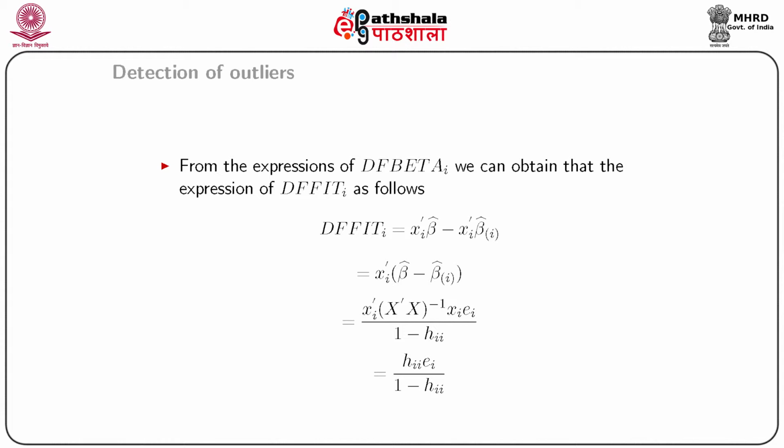So, DFFITS equals xi prime (X prime X) inverse xi times ri divided by 1 minus hii, where we replace beta hat minus beta (i) hat by the expression on the previous slide. And we know that xi prime (X prime X) inverse xi is hii. Thus, the final expression of DFFITS can be written as hii times ri divided by 1 minus hii, where ri is the ith residual.